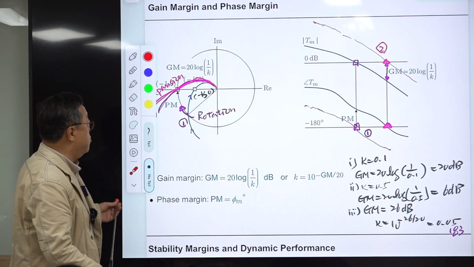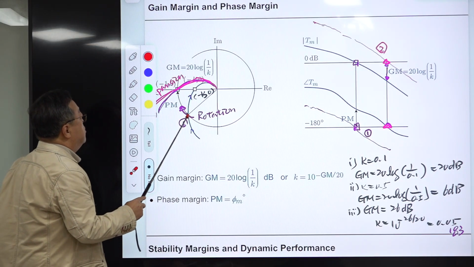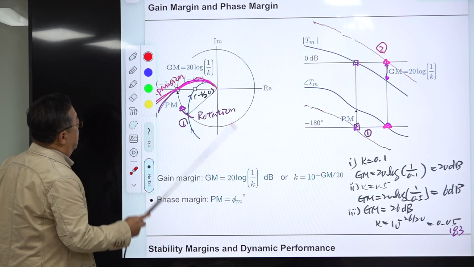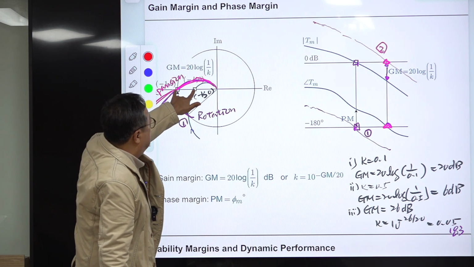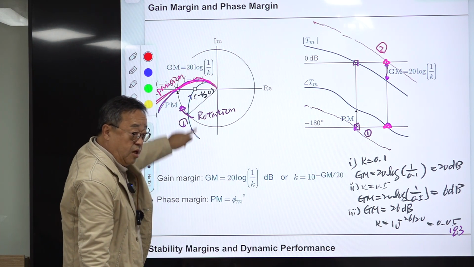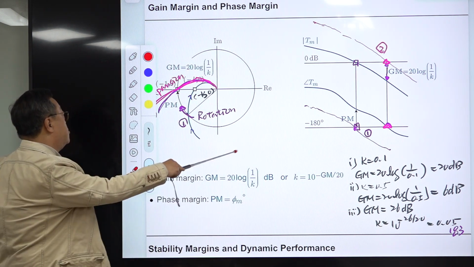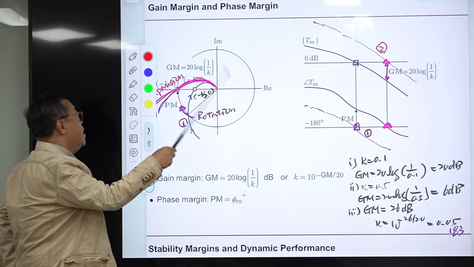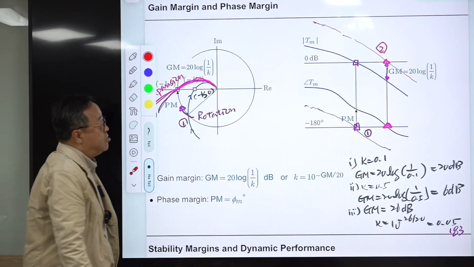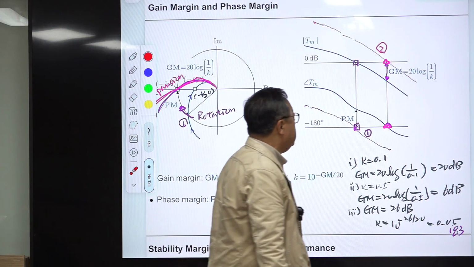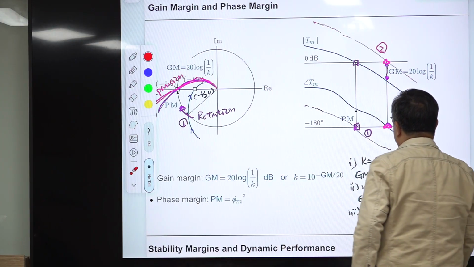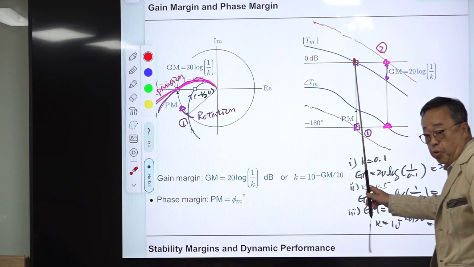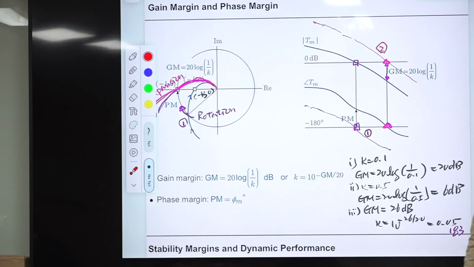This is the phase margin, and this distance is related to the gain margin, and those two margins can be shown in the polar plot. They are the same information, but in a different format.